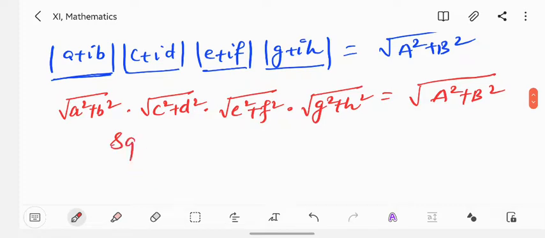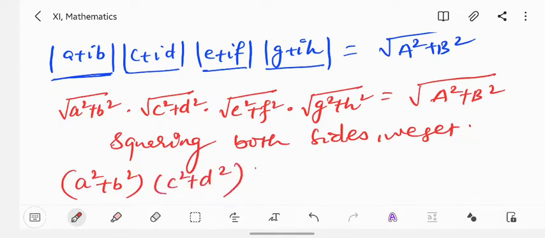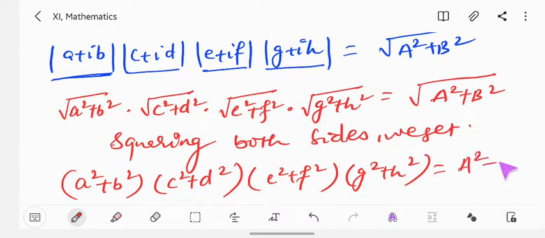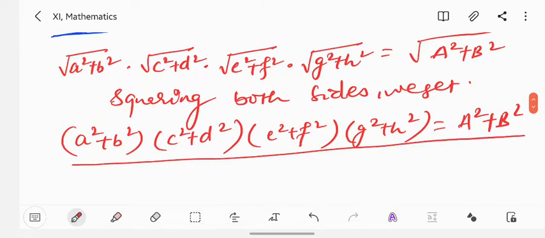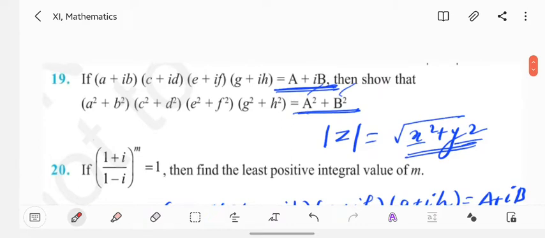Now squaring both sides, we get a square plus b square multiplied by c square plus d square multiplied by e square plus f square multiplied by g square plus h square equals a square plus b square. And this is the final result of the given question number 19, students. So these are the step-by-step calculations for the given question.